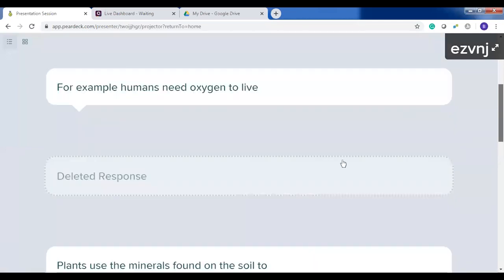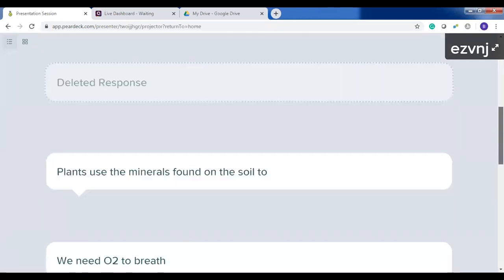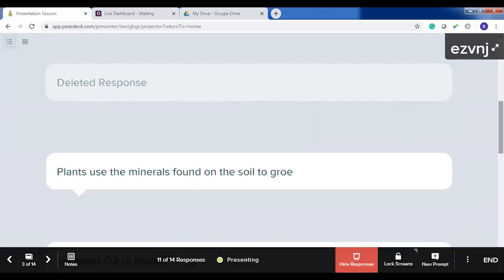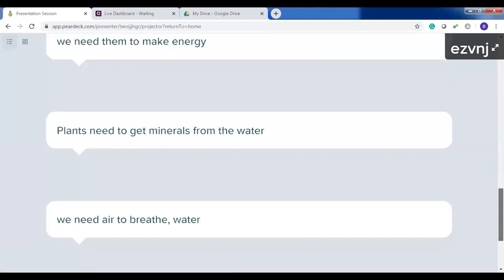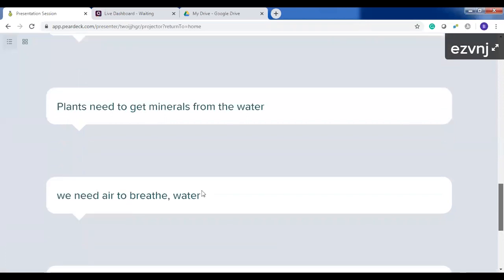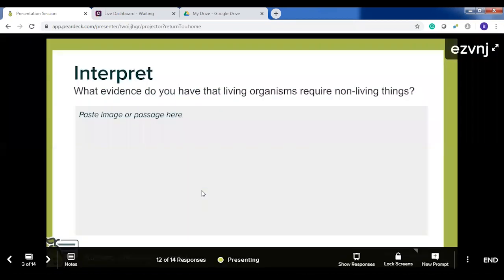Plants use minerals found in the soil to grow, like proteins. Very good. We need oxygen, water. We need them to make energy. Yes, we have a lot of evidence that living organisms use and require non-living things.